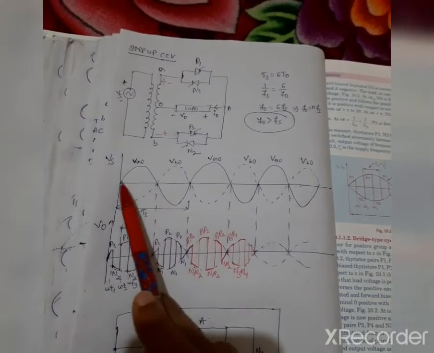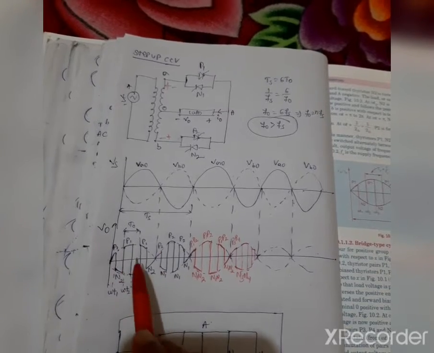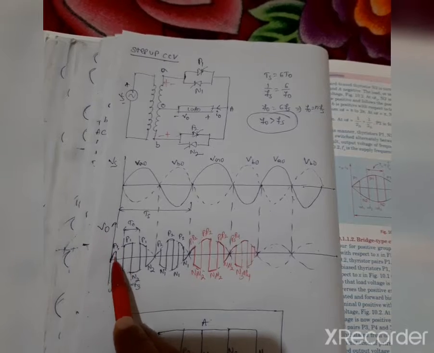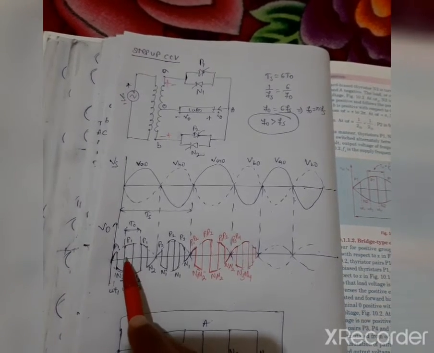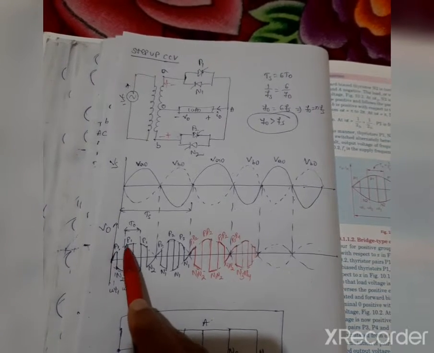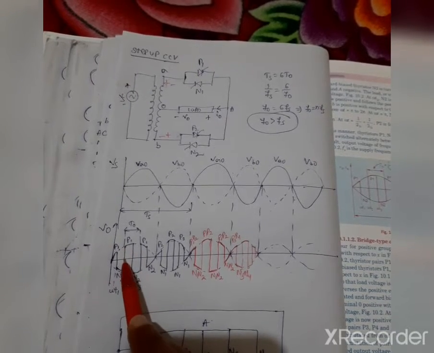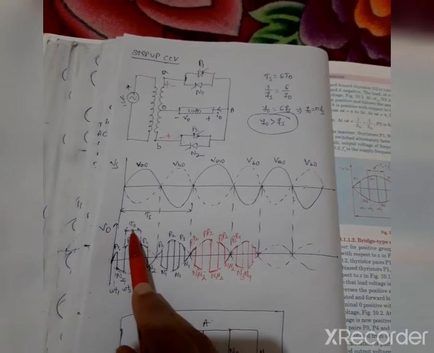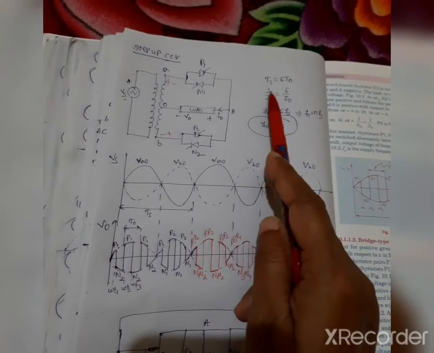So this is the supply waveform. The time period is Ts, and the output waveform is like this. One time period is from this to this, again this to this. I mentioned that from this point to this point is one time period T0 for the output waveform. So we found that Ts is equal to 6T0.